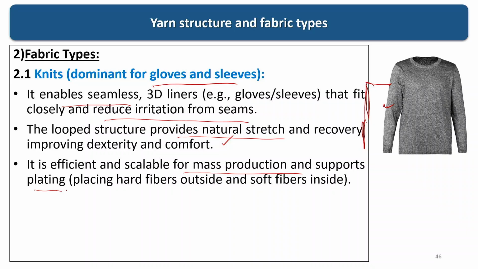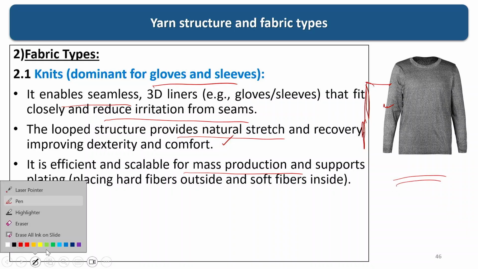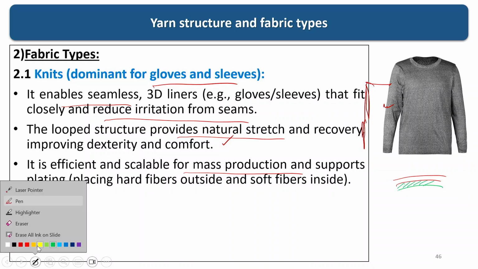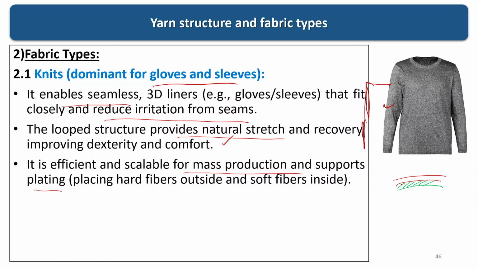plating. So, in knitting we can also use the plated structure. Plated structure means we can have two layers: this is the top layer and here there will be the bottom layer. The top layer is the same high performance yarn.